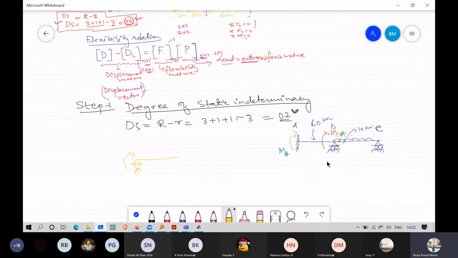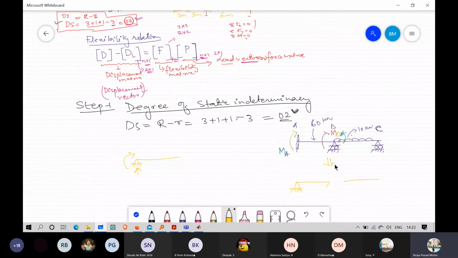So we can show it as a beam over here, not a continuous beam. We will make it two separate elements. This is a hinged one.